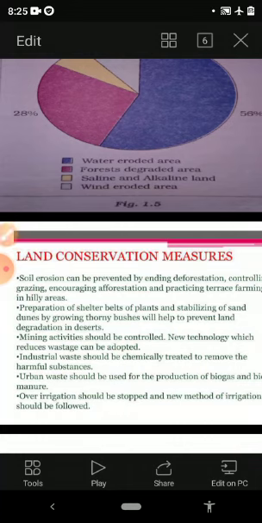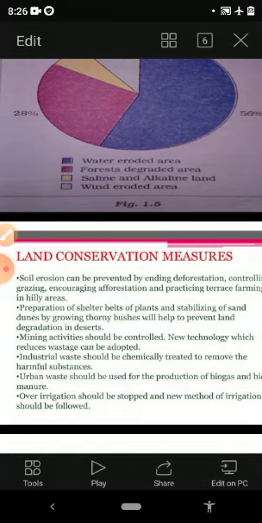Control of mining activities. We cannot stop mining, but once the process is complete, the waste should be used for filling the mines, and treatment of urban and industrial waste before its disposal.